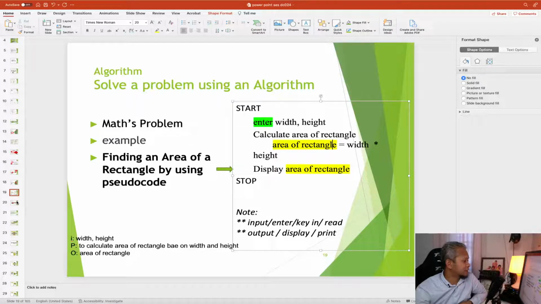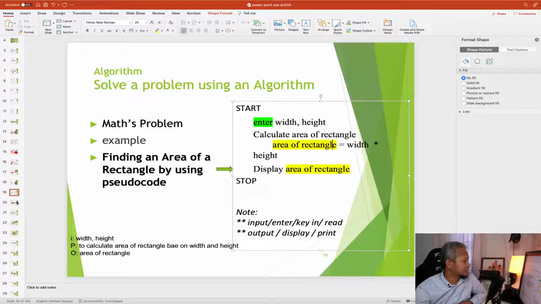So we go to the next slide to see how to solve this problem of finding the average of three numbers. I think you know how to find the average of three numbers. Firstly, you need to find the total of the numbers: number 1 plus number 2 plus number 3. And then you need to find the average.